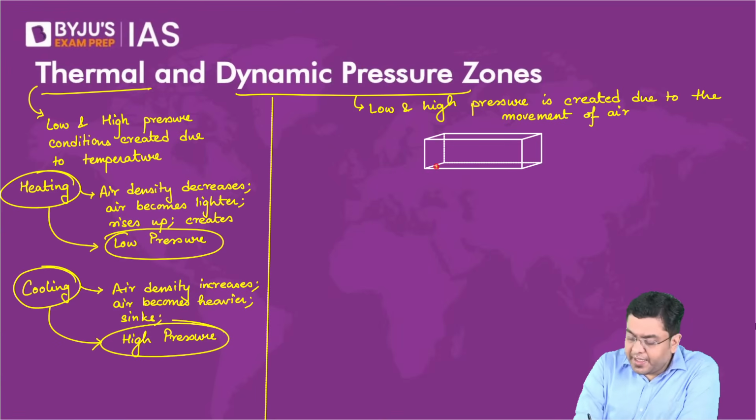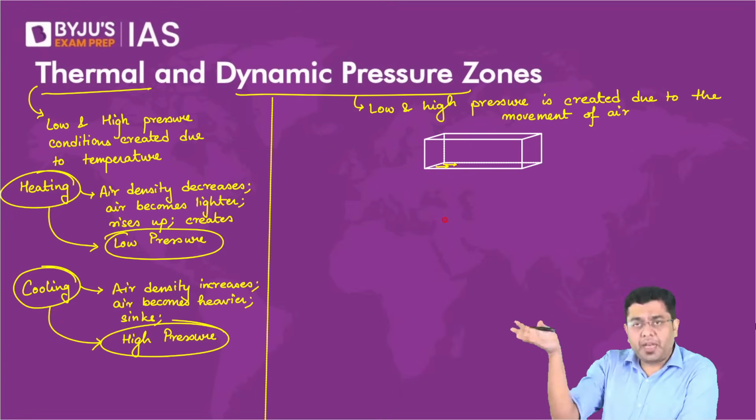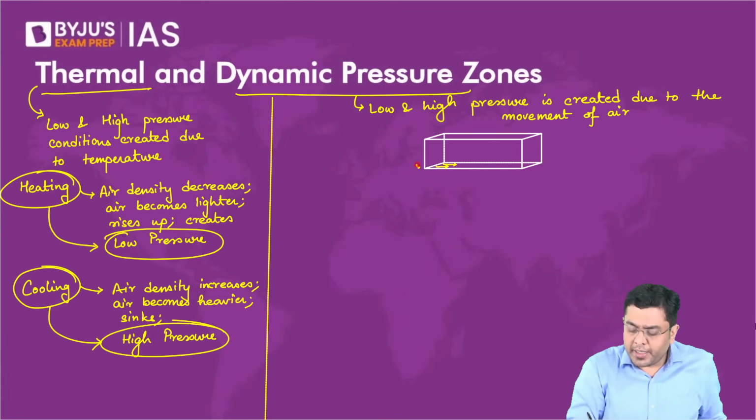Think about any closed room, any room that you are sitting in. Now, that room will have the ceiling, the roof, the floor as well. So, let's suppose you have very large fans which have been installed near the floor from both sides, and they are continuously blowing air near the ground surface.